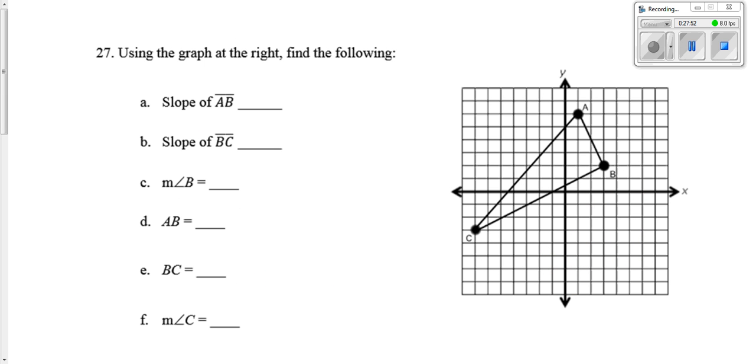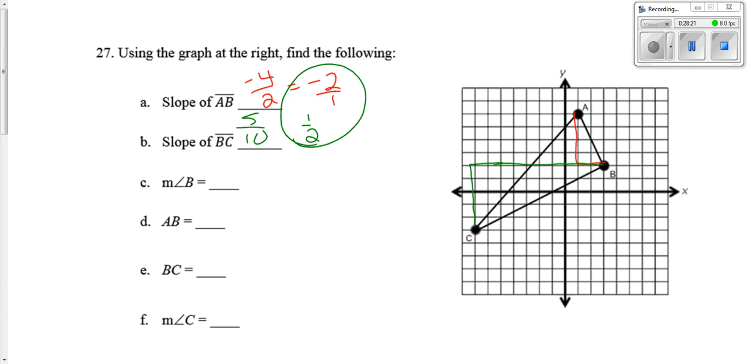27, the slope of AB. Well, I went down 4 and over 2. That's negative 2 over 1. BC, that's up 5 over 10, which is positive 1/2.